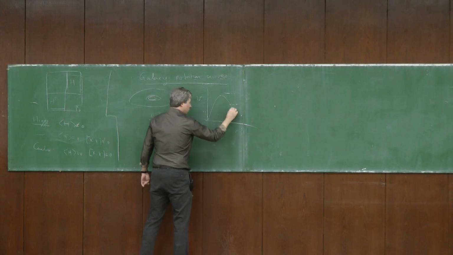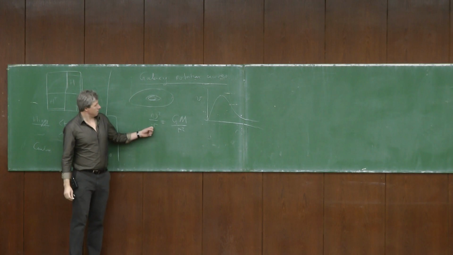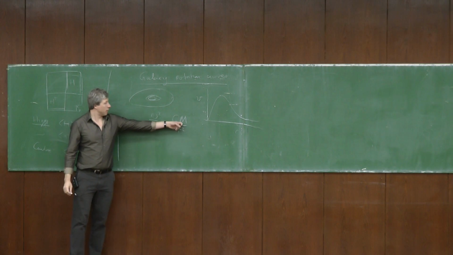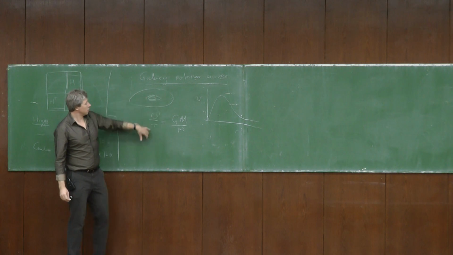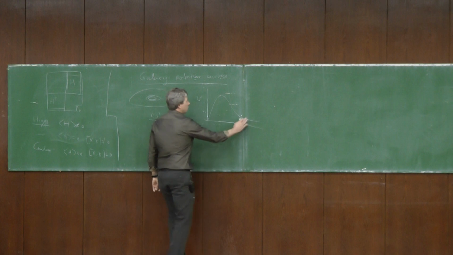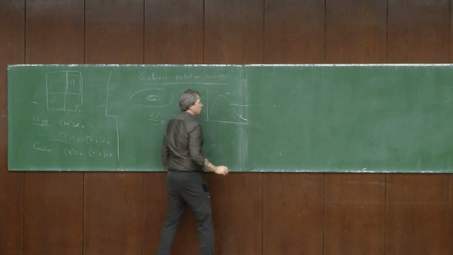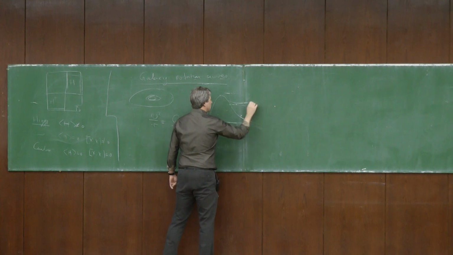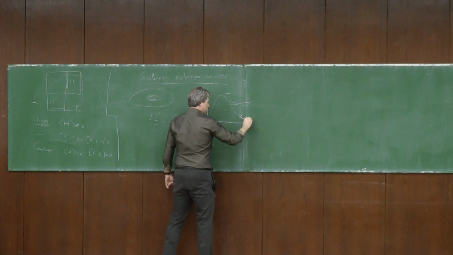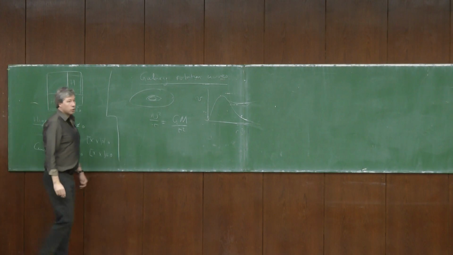It goes up and then it goes down, because there's a 1 over r here. If the mass is mostly in the center, v squared goes like 1 over r. But what's being observed is that, instead of going down, it stays constant, something more like this. So there's a certain discrepancy, which is actually very large. This is associated with dark matter.